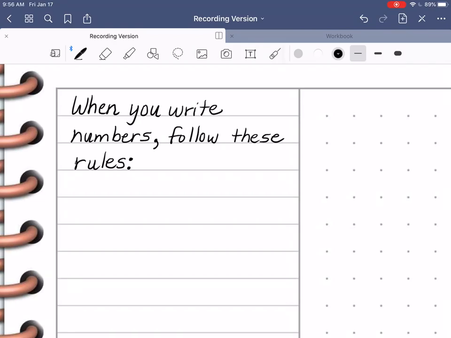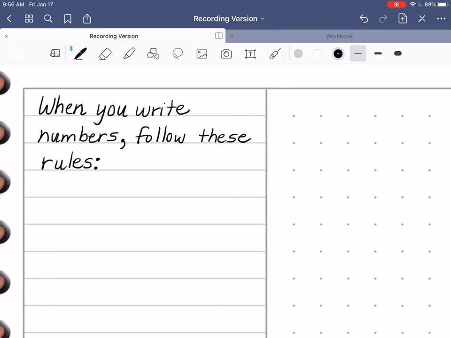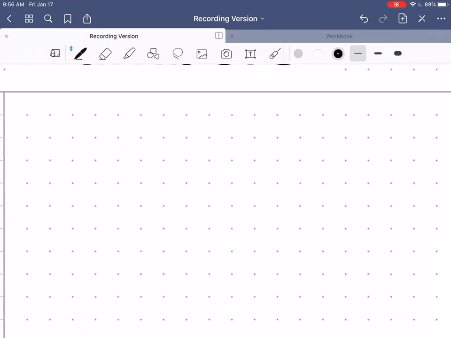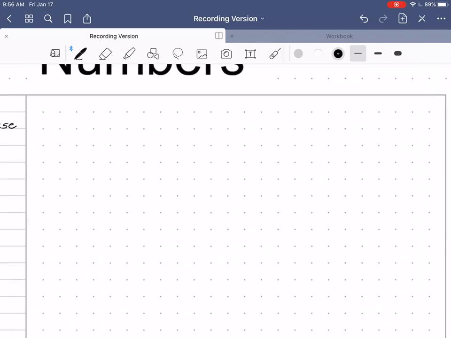And there's a list coming up. I'm actually going to move over here because I need a little bit more space than what I have there. So here's the first rule.